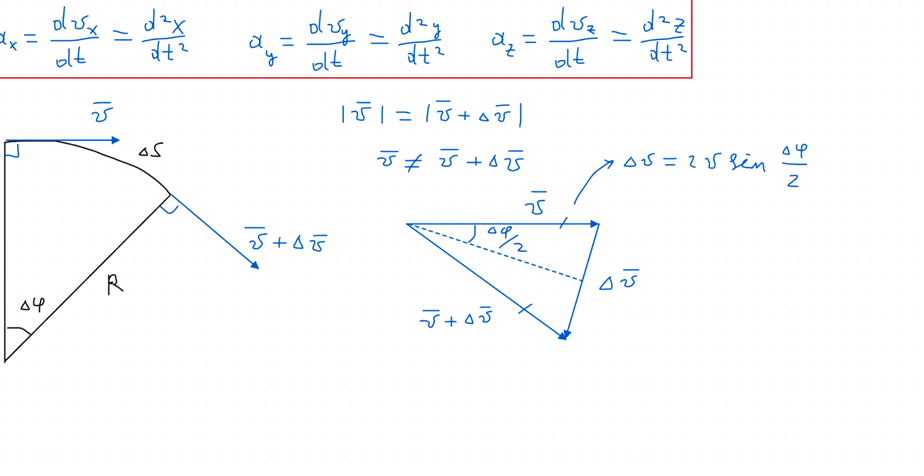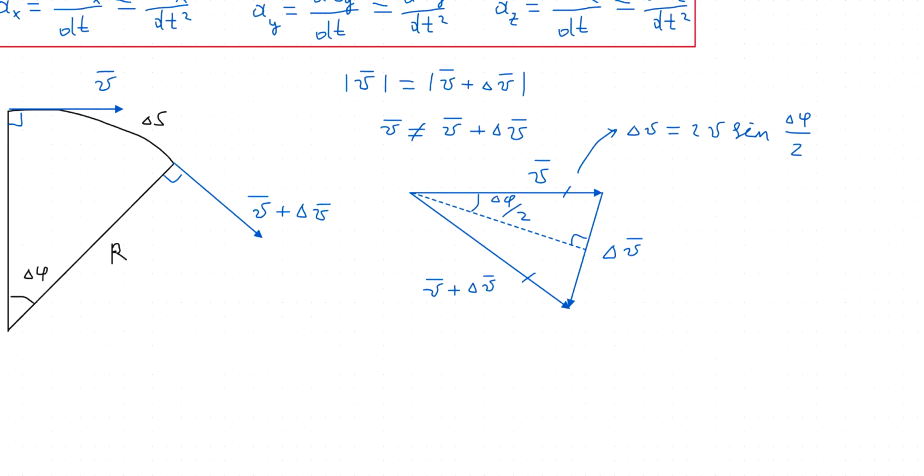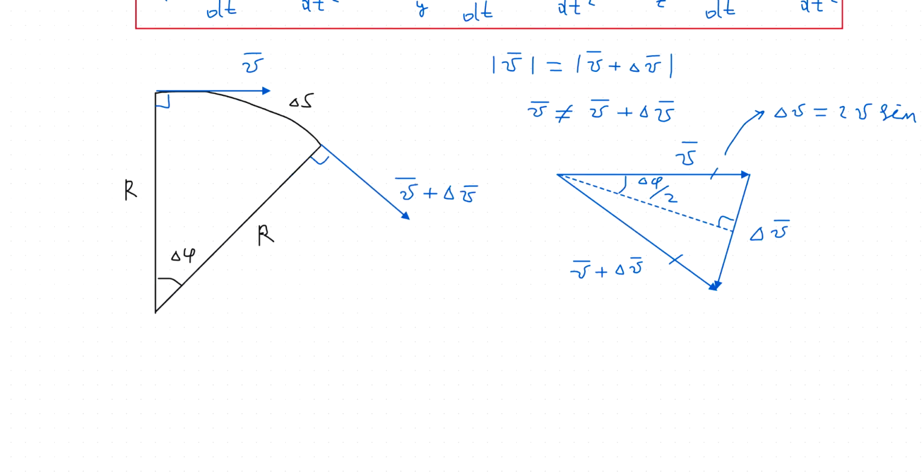Why? Because here we have the right triangle. And from this right triangle we have that delta v is equal to double v multiplied by sinus of delta phi divided by 2. Okay, and let's again consider infinitely small time.